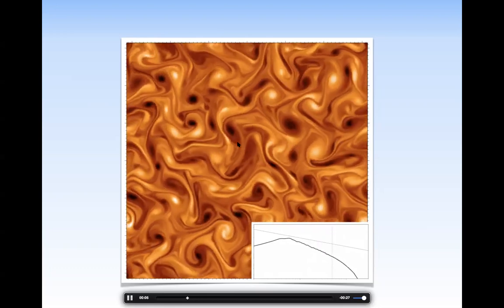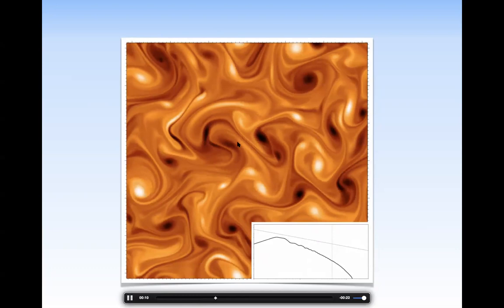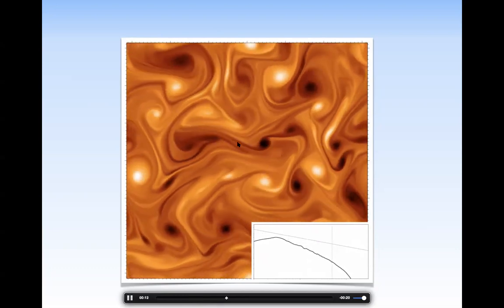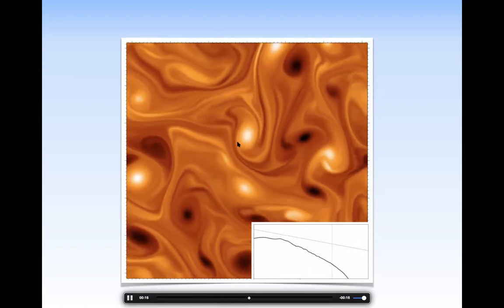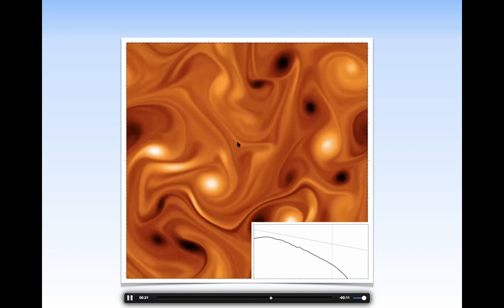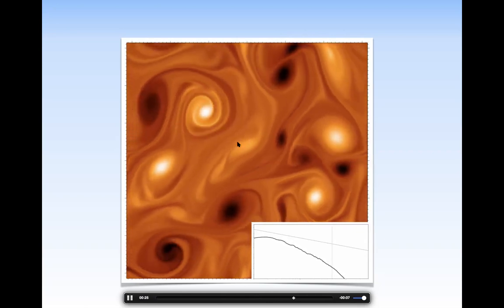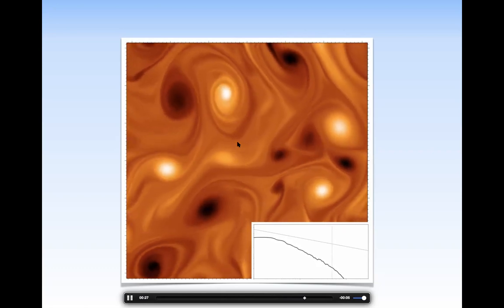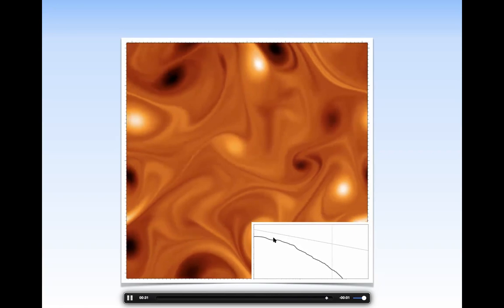These vortices, because of the nonlinearities in 2+1 dynamics, merge together, forming bigger and bigger vortices. So we have some transfer of energy from small scales to bigger scales in position space. So it's the opposite in momentum space.